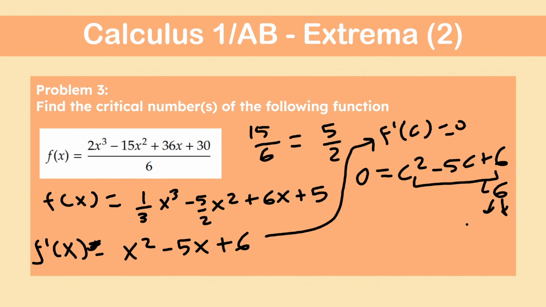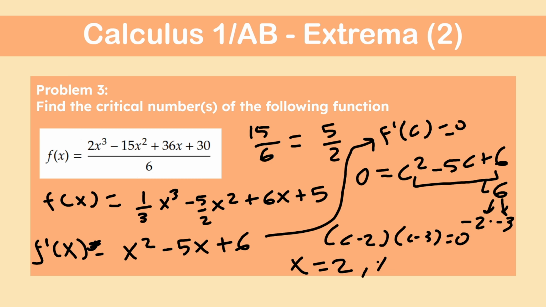What factors of 6 add up to negative 5? Negative 2, negative 3. So you can say that c minus 2 multiplied by c minus 3 is equal to 0. Or that the critical numbers occur at x equals 2 and at x equals 3, because this is what makes the derivative 0.